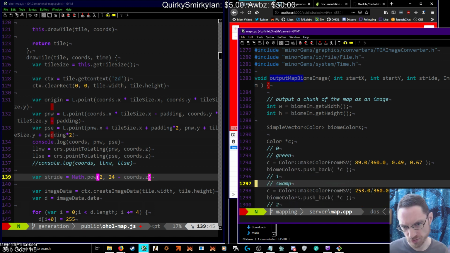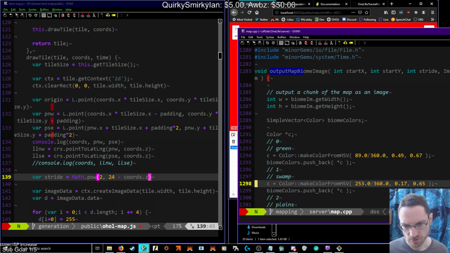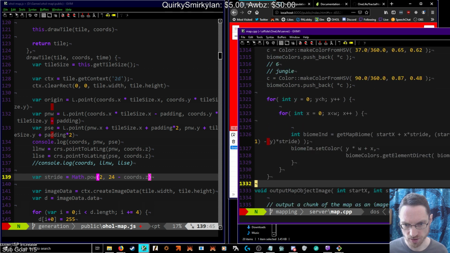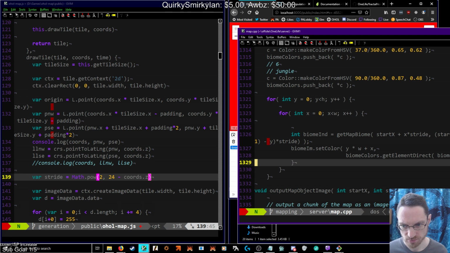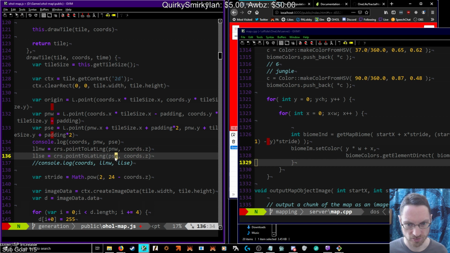So that's our 256. So we have a start X, start Y. And then we just go each and then use this stride as our increment.